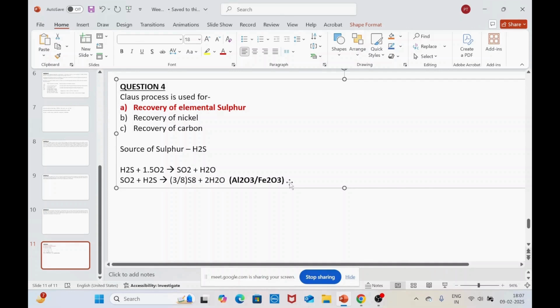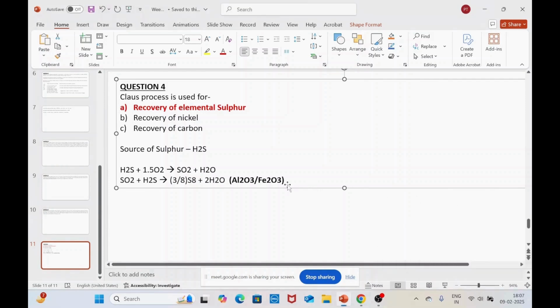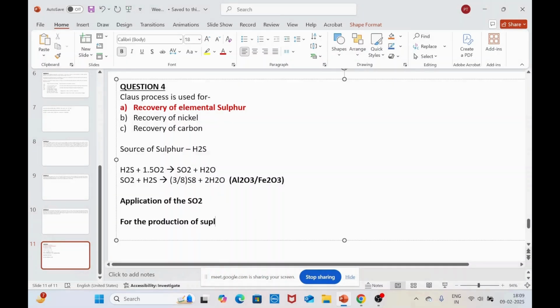What can you do with this recovered elemental sulfur? From H2S you are going to recover that sulfur. So what is the use of this elemental sulfur, or why are you going to recover it? Sulfuric acid and oleum.